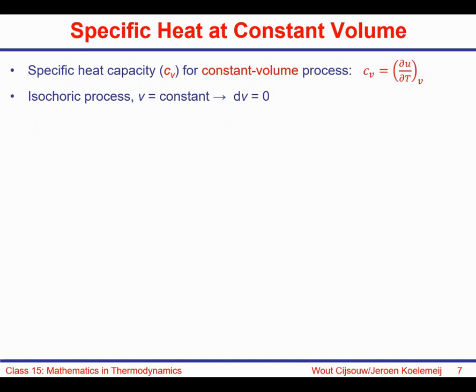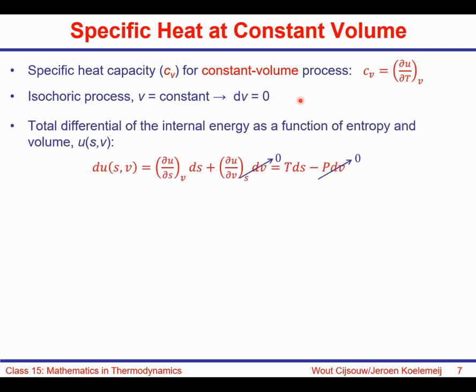Now let's take a closer look at the definitions of Cv and Cp, and let's start with Cv, which is valid for a constant volume process. We had seen this definition here already before on the previous slide. So we're talking about processes that are isochoric, that have no change in specific volume. Now let's write down the total differential of the internal energy expressed as a function of entropy and specific volume.